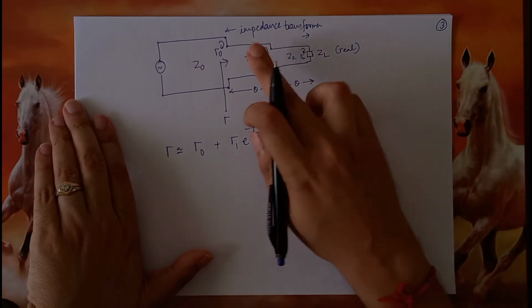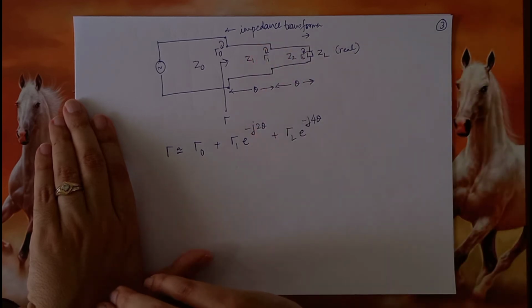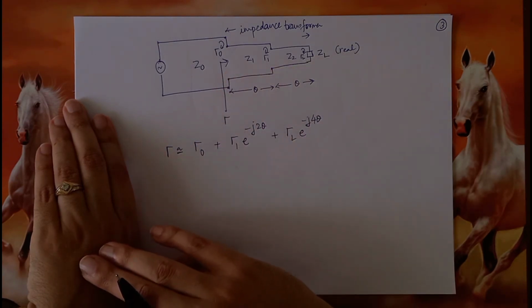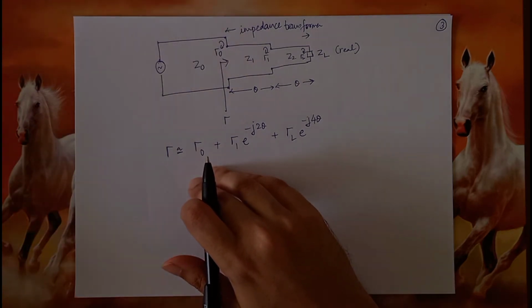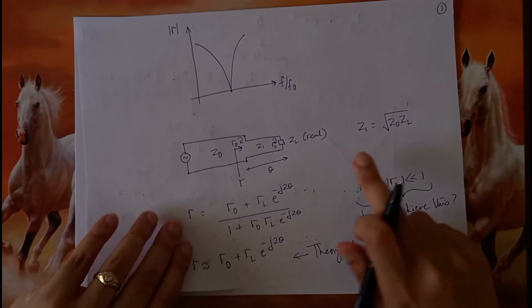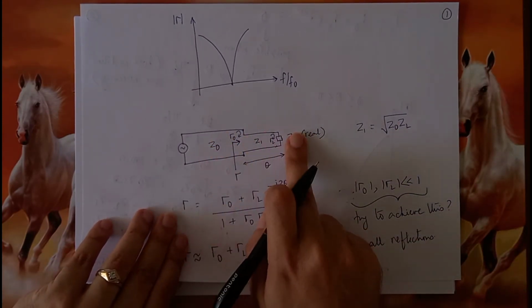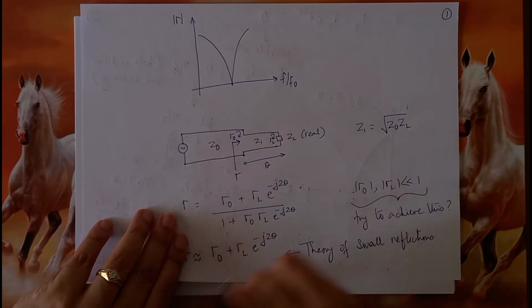Then again, there are some things we need to look at. If we want to not run away from our quarter wave transformer theory, then if you remember, we had defined that this middle impedance Z1 is the geometric mean of the impedances on either end of it.